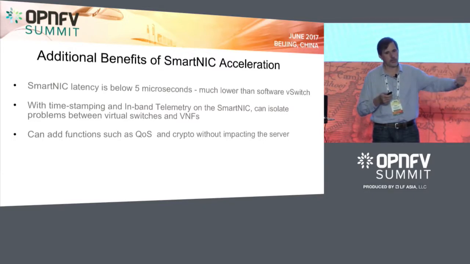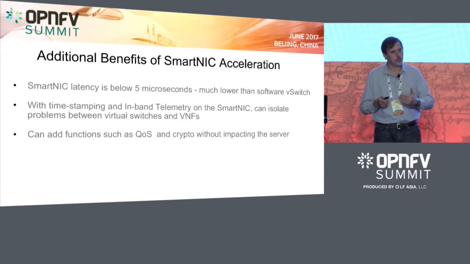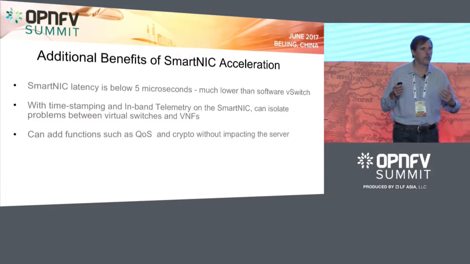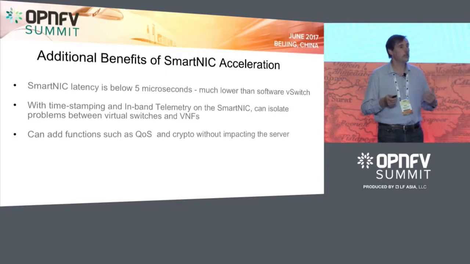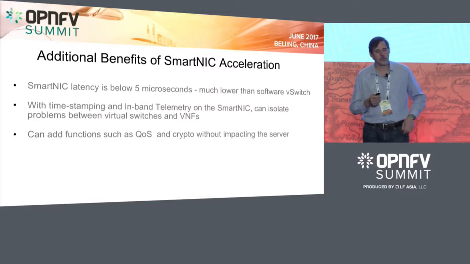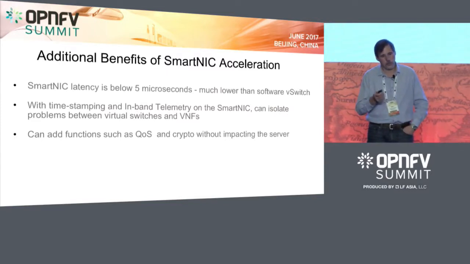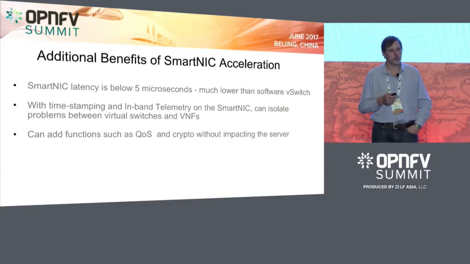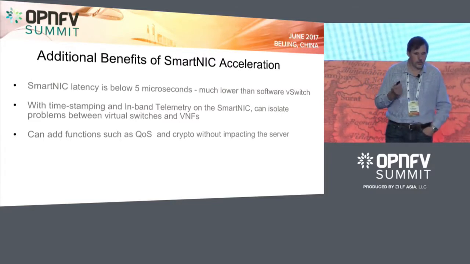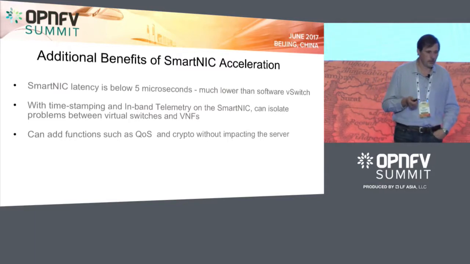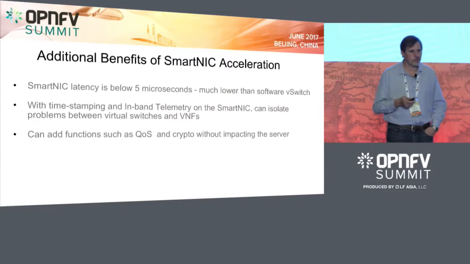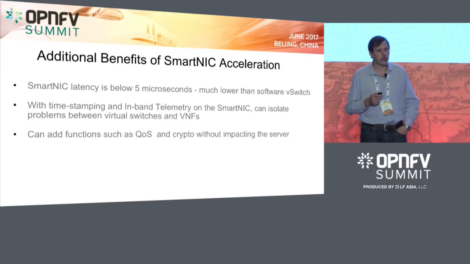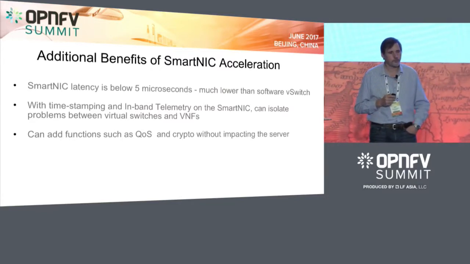If you have a service chain, you can see the latency through the different hops in the chain. So if one VNF goes rogue, the latency goes up, you can see that, and then you can take corrective action. Obviously, you can also support QoS in hardware with queuing, shaping, limiting, and so on, and things like crypto processing. Those are just some examples of things you can do in the SmartNIC that are beneficial.